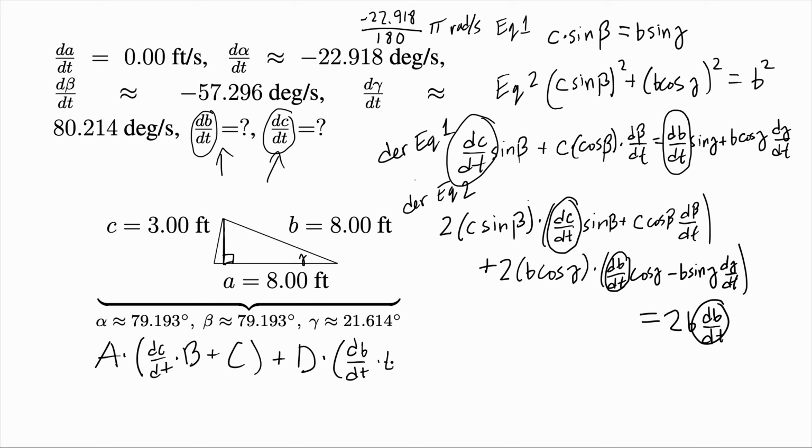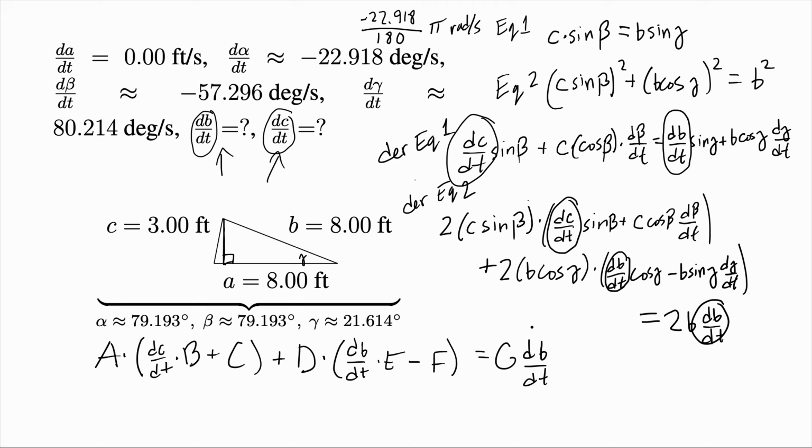I'll call E, and I'll just say minus f because we see a minus sign. That's fine. And then equaling some number I'll just call G times dB/dt. So this last equation really looks like this after you start plugging things in. dC/dt and dB/dt are here.